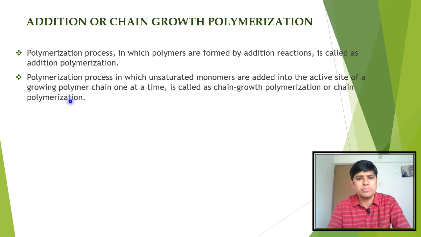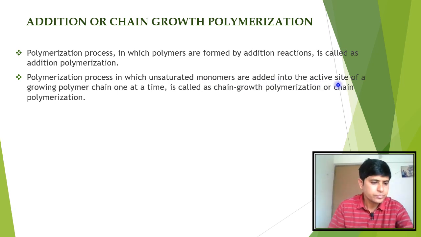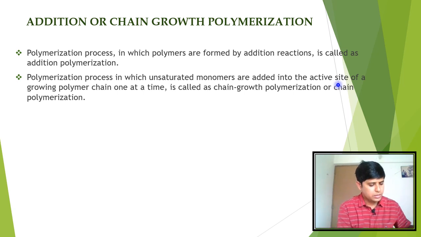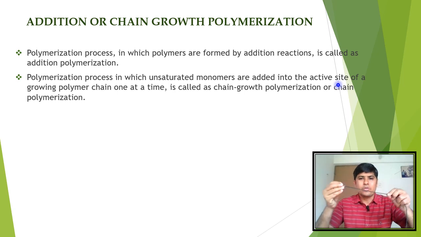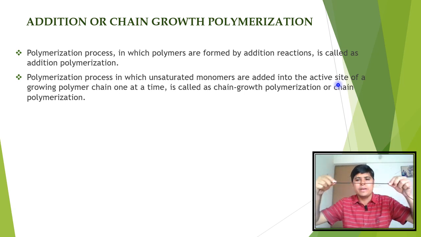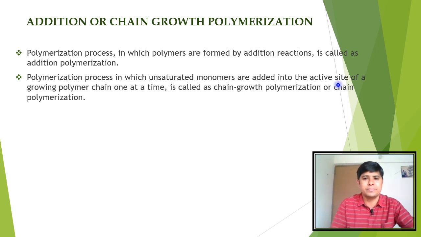In this polymerization process, an unsaturated monomer, for example vinyl chloride or styrene, is added into the reactive site of a growing polymer chain. Suppose this is a growing chain of a polymer, then the unsaturated monomer molecule will be added at this end, and the chain will continue to form a polymer.